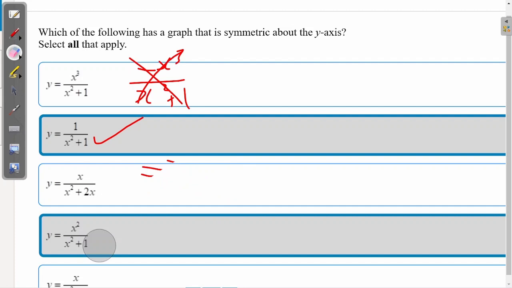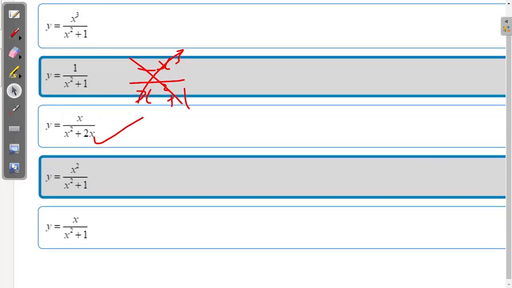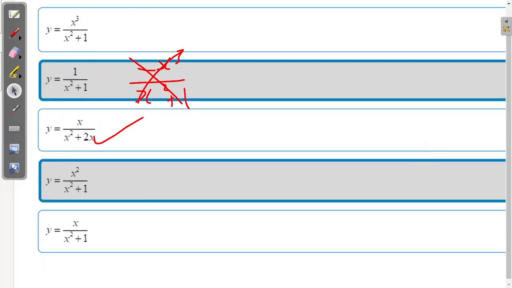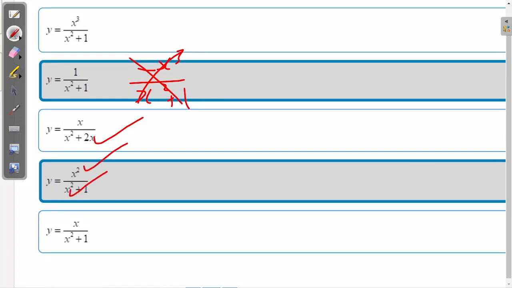Of course not, wrong. X squared plus x squared over x squared plus 1, x squared stays, x squared stays, so everything is the same. X over x squared plus 1, x becomes negative, x squared stays, so no.